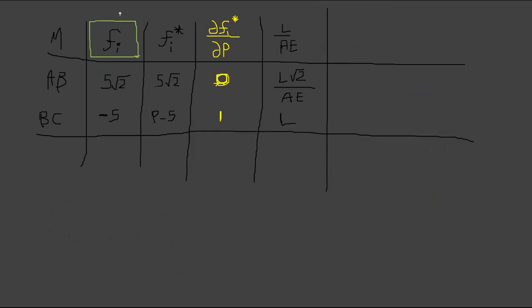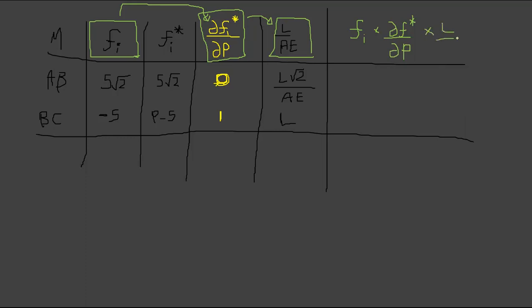You multiply it by this one, and that is multiplied by this one. The original force, not F star, but you have to multiply it by dF star over dP, right? Into L over AE.